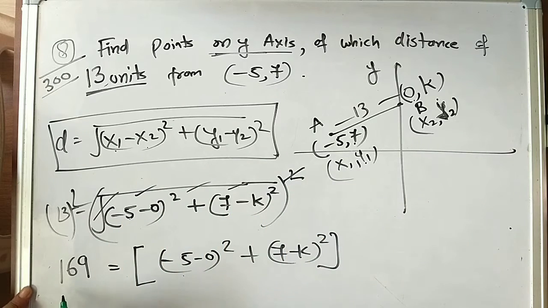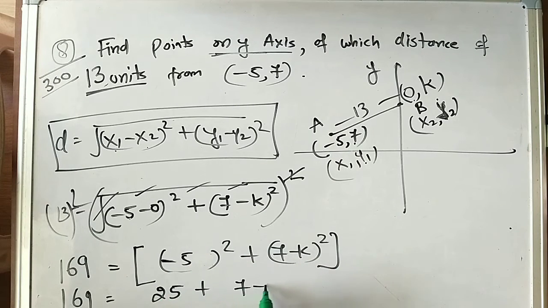Now let me simplify. So 169 is equal to minus 5 square, this minus 0 I can ignore easily, so minus 5 square is 25 plus (7 minus k) square.